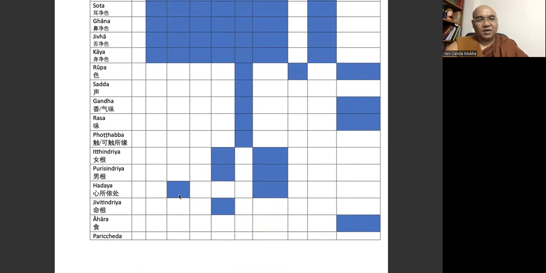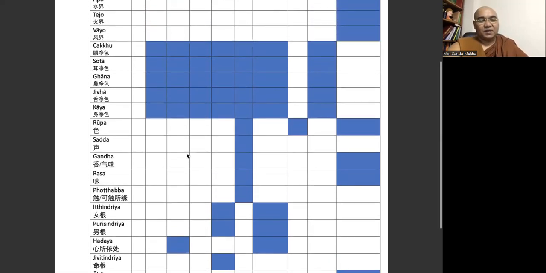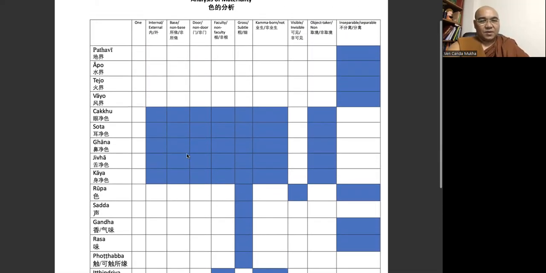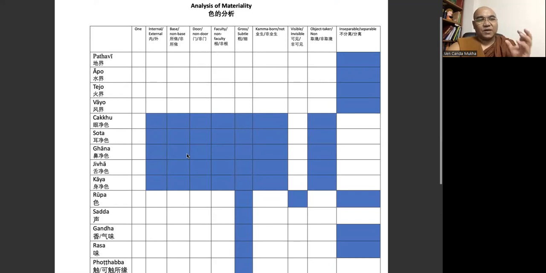Basing on the heart, mental consciousness element arises. So that's why these 6 rupas belong to the base. They can be grouped as a base, the rupa that serves as the base for other mentality and materiality to arise. So among 28, we have 6 rupas. Other rupas cannot serve as the base.